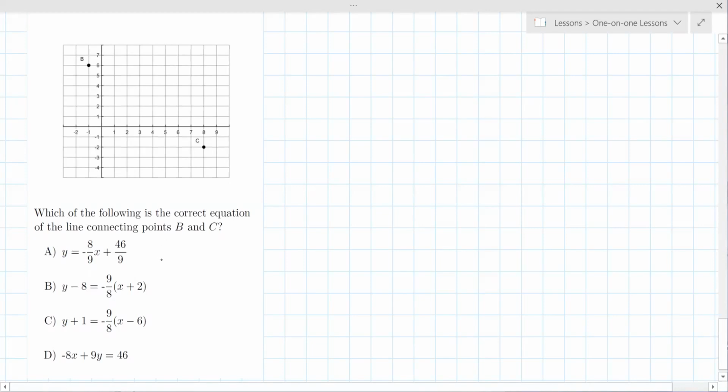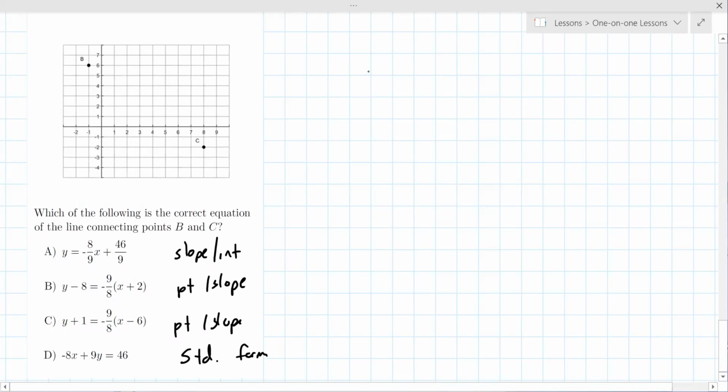And notice that the answers are actually in all different forms. You've got slope-intercept form, point slope, and standard. So do you recall the progression between slope-intercept and point slope? What do you mean?